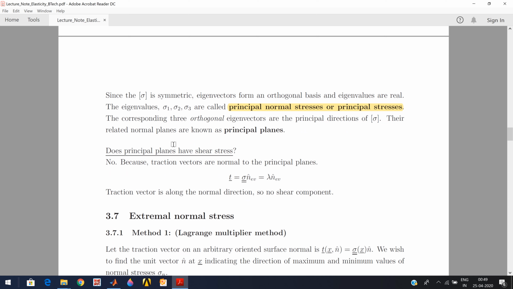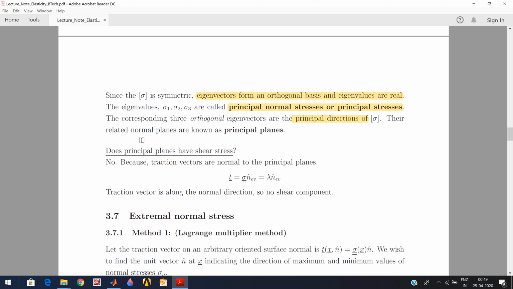As we know, since sigma is symmetric, the eigenvectors will form an orthogonal basis and the eigenvalues will be real. This orthogonal set of basis vectors is called the principal directions.